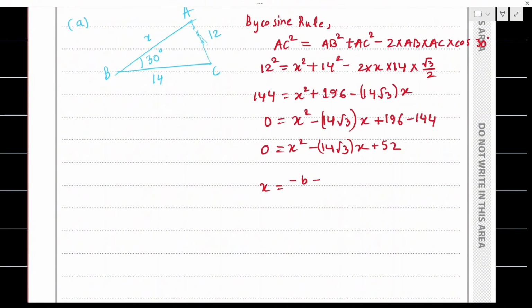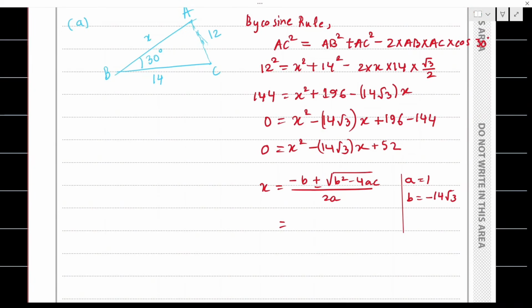We know that the quadratic formula is x equals minus b plus minus root over b square minus 4ac, by twice a. From our expression, we know that a is equal to 1. A is the coefficient of x squared, and b equals minus 14 root 3. B is the coefficient of x.